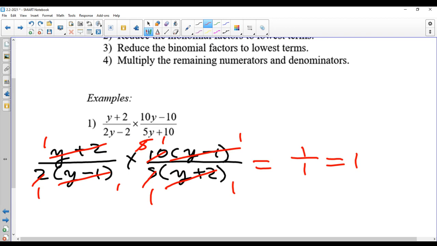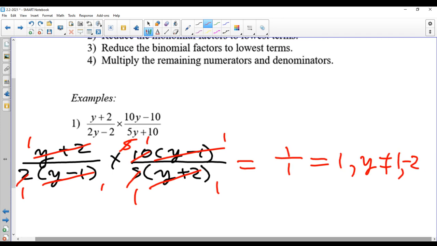Y cannot be equal to some particular value. So this is the answer, but y cannot be, yes, y cannot be 1. And also minus 2. There you go. Those are the two values. Yes, I sure can. Yes.